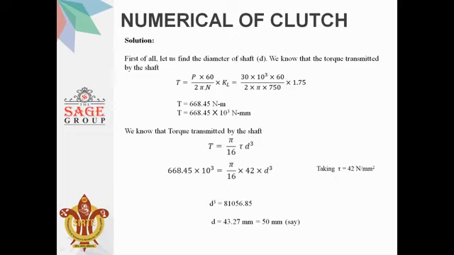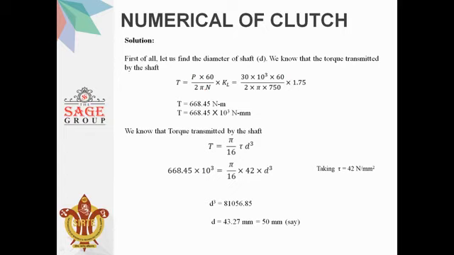We know that the torque transmitted by the shaft T is equal to P into 60 upon 2 pi N. We know that power is equal to 2 pi N T upon 60, so T will be equal to P into 60 upon 2 pi N. Now here we are provided with the load factor, so we have to multiply this load factor to get the actual torque. So T is P into 60 upon 2 pi N into KL, which is our load factor.